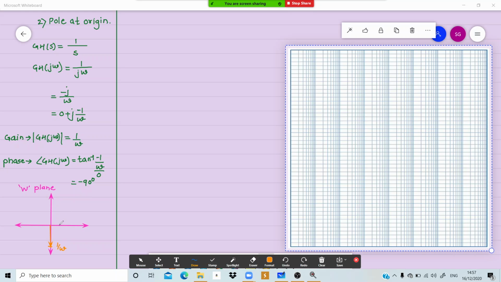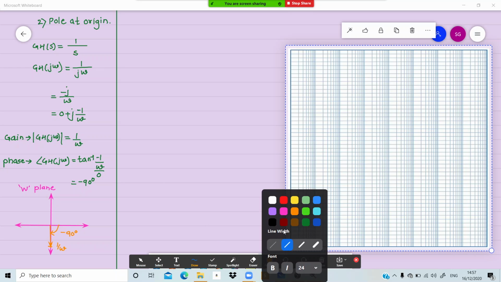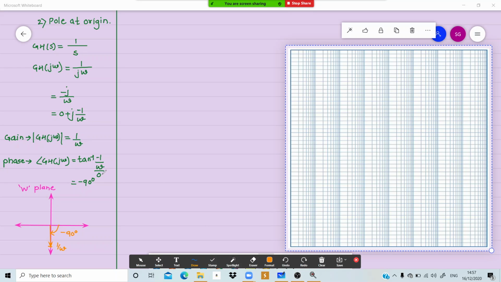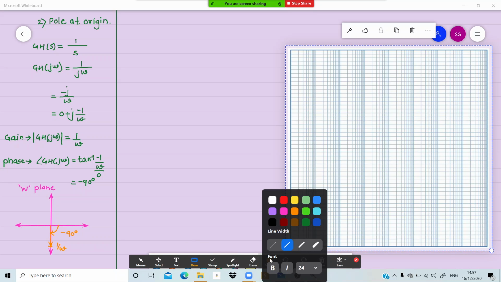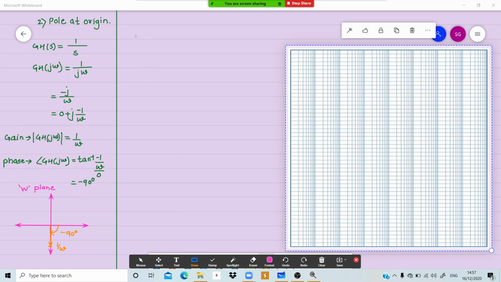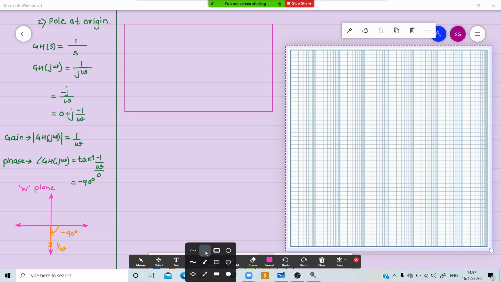And this angle definitely is minus 90 degrees. Is it okay? Now the next thing we want to know is what is going to happen for different frequencies. So we should have a table where it is telling you all these quantities. So let me draw the table. For at least 4 or 5 frequencies we'll try to write it, so it will be easy for us to understand what is happening.